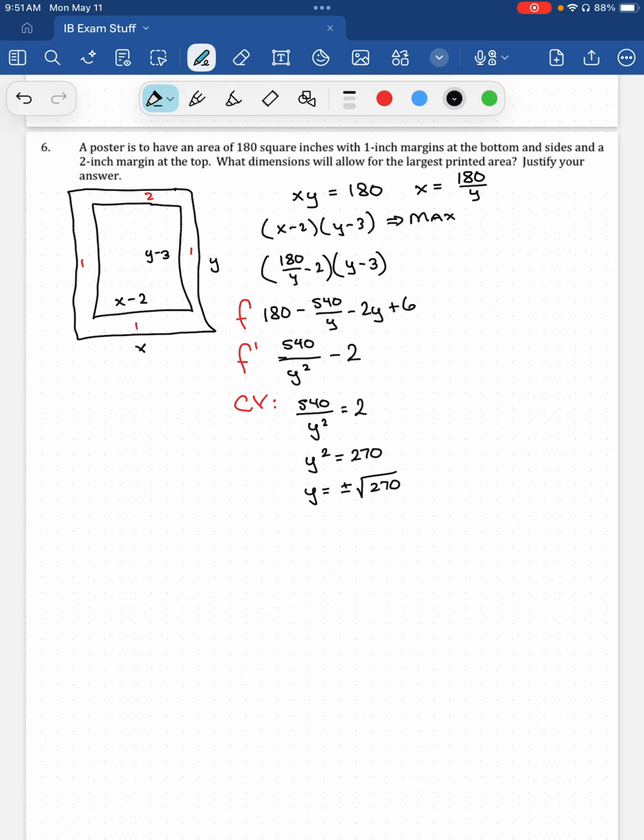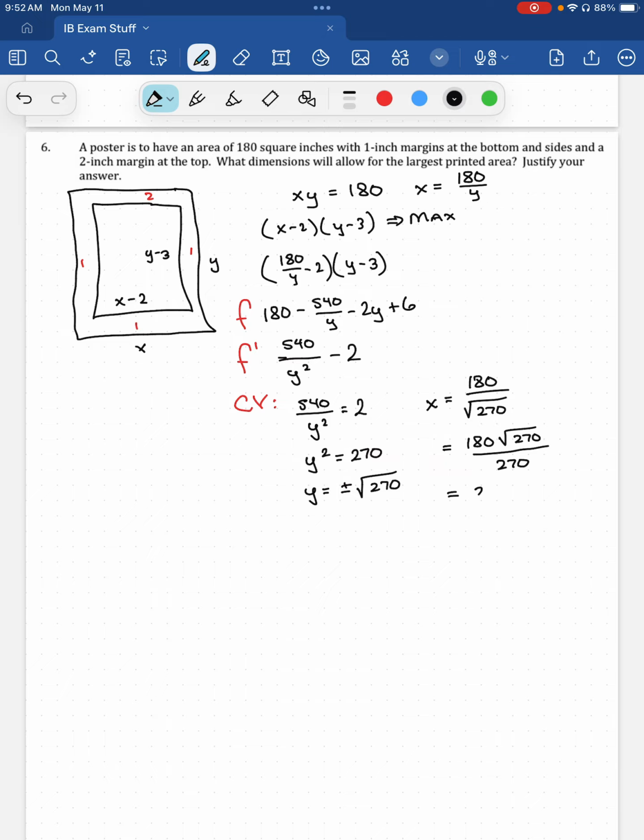Now, to figure out X, we're going to go ahead and plug back into our original problem. So we can say X is equal to 180 over the square root of 270, which is going to give me 180 times the square root of 270 over 270, which is not as bad as it looks. That actually reduces. Those both have 90 in them.